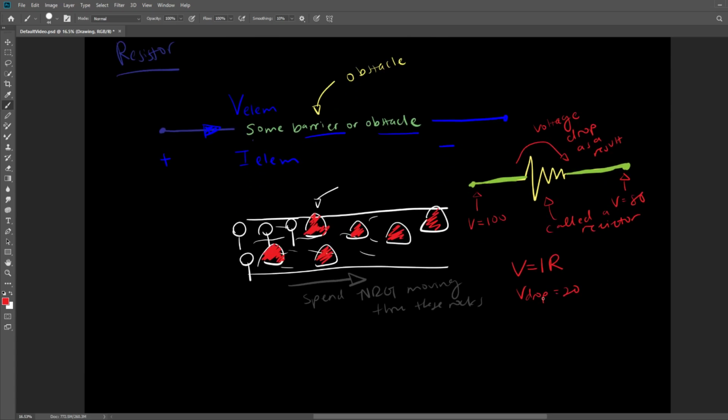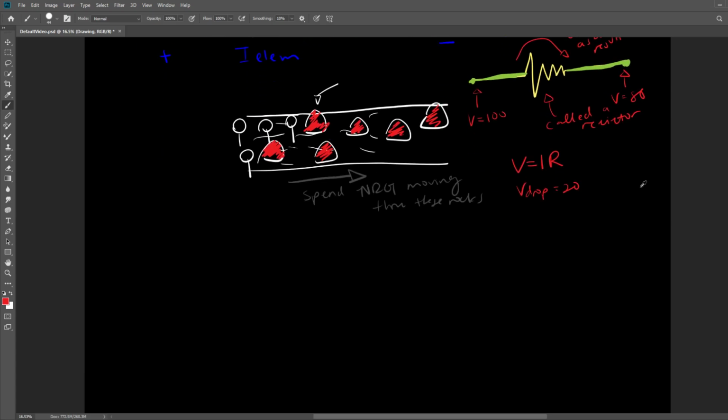So when we look at a circuit, usually we'll draw a circuit real quick. If I just drew a circuit like this, there's this resistor, weird looking thing, and we have our voltage source.